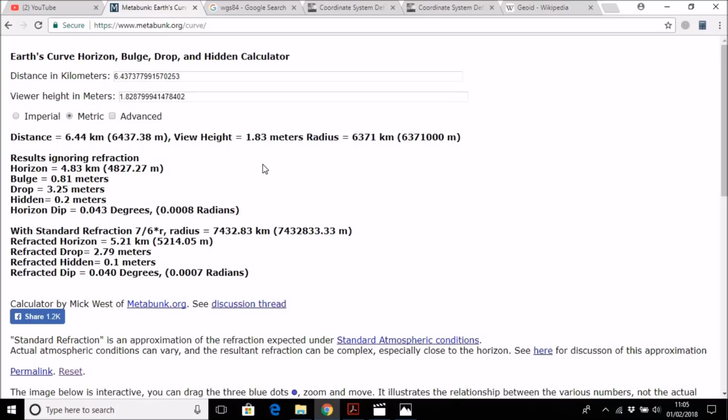But it's not accurate to a high degree. It is not going to tell you exactly what should be seen or not seen.